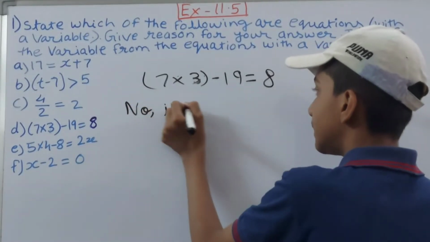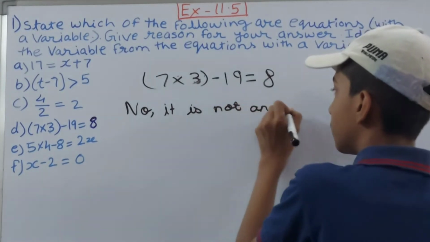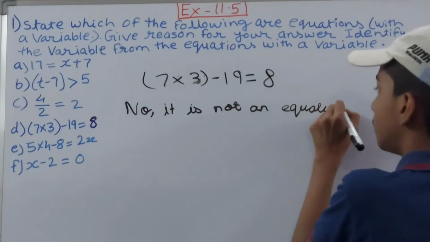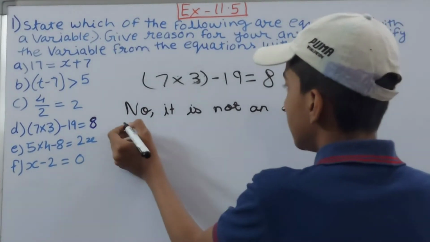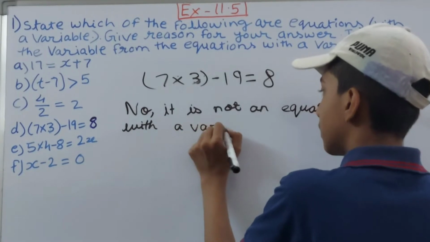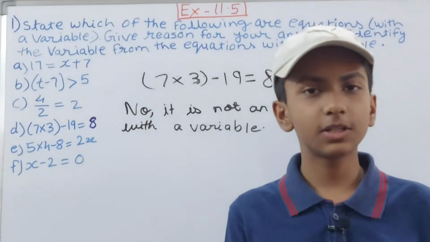So no, it is not an equation. And if you want to add further on, you can write equation with a variable, right? So now let's move on to the next part.